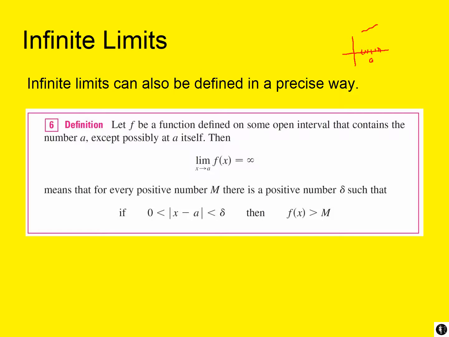So now there just needs to be a number m here, so that the function, if it's in this interval, will be up here eventually as x gets close to a.